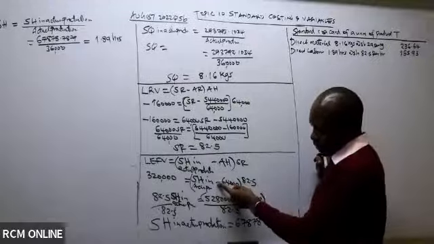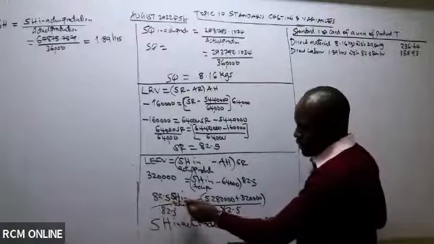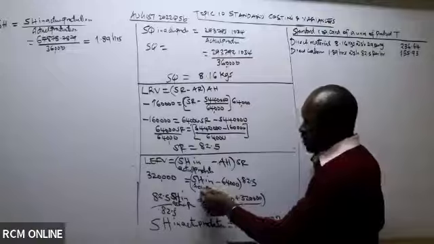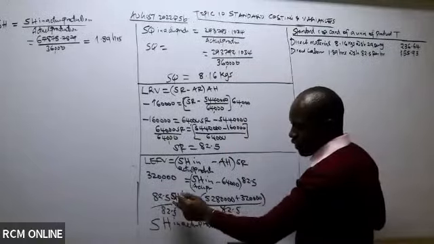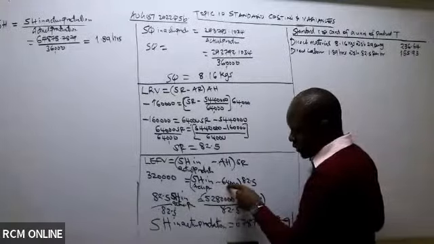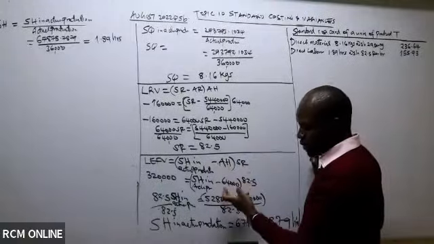These are negative. We want to make this standard hours in actual production the subject of the formula. So I'm breaking the bracket. 82.5 times this will give us positive 82.5 standard hours in actual production. Negative 64,000 times 82.5 will give us negative 5,280,000.